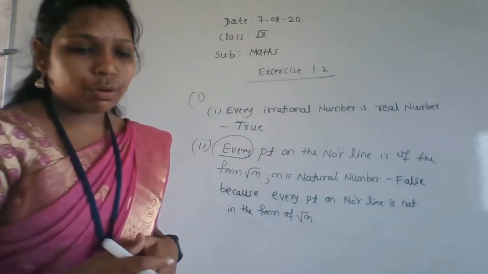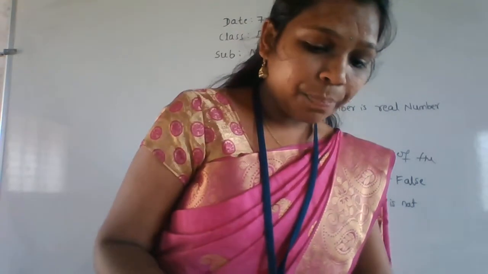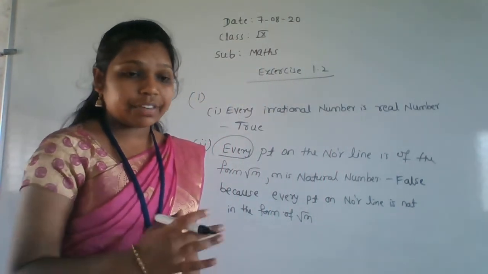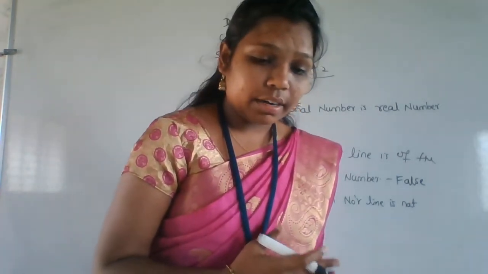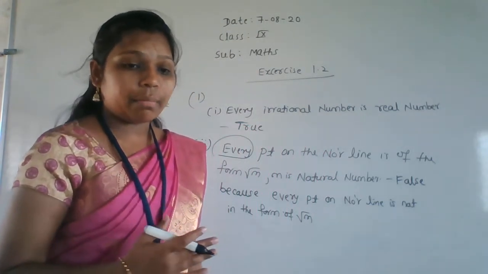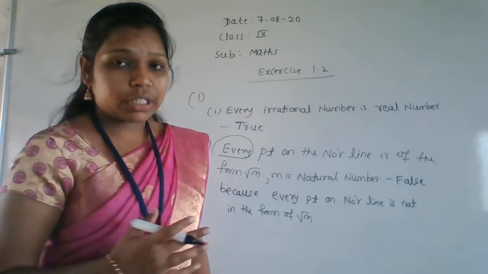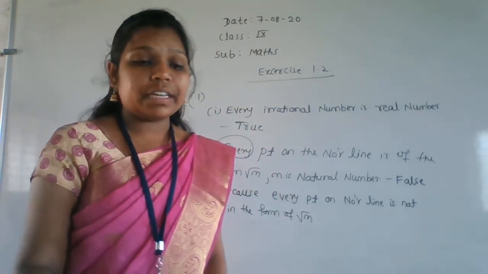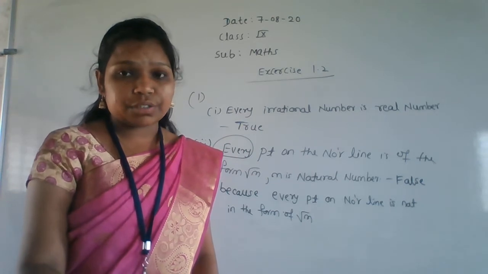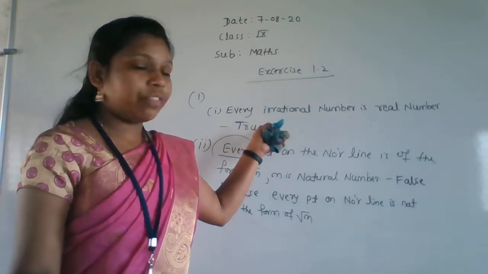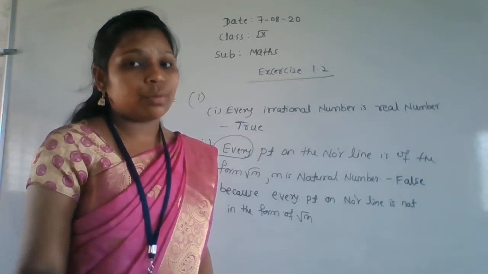Okay, so next we'll move to the next question, that is, every real number is an irrational number. Whether it is true? Think, everyone. Just while solving the first one, I told that only.